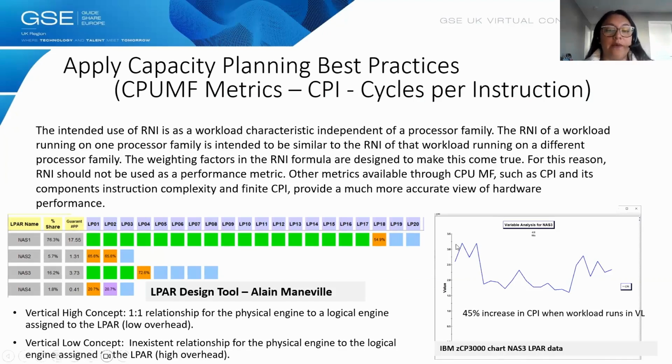I'll give you an example of an analysis that I did to improve the CPI. At the end of the day, if you decrease the CPI, you decrease the whole CPU utilization of the environment. In this particular case, this client was moving from a 500 engines, I think a Z14 520, to the Z15 708.